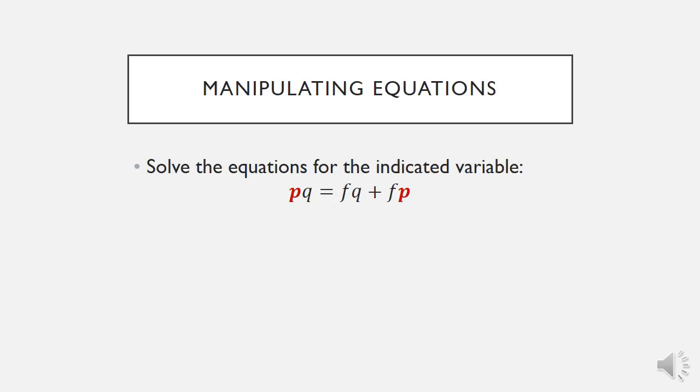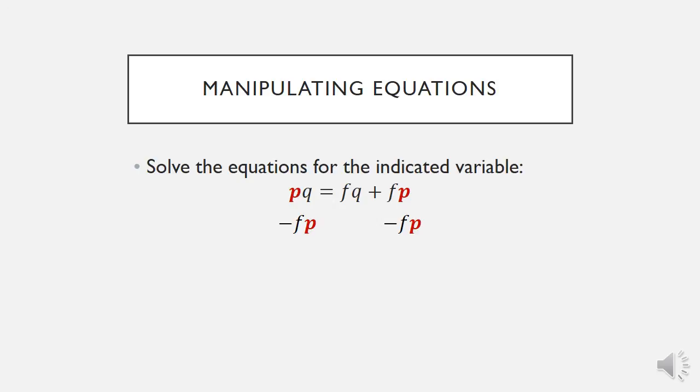So now I'm trying to solve for p. I have p's on two different sides of the equal sign, so my next step is to try to get them on the same side. So I'm going to take my fp here, and I'm going to move it to the other side. It's added, so in order to get rid of it, to go to the other side, I'm going to subtract fp. Whatever I do, I have to do on the other.